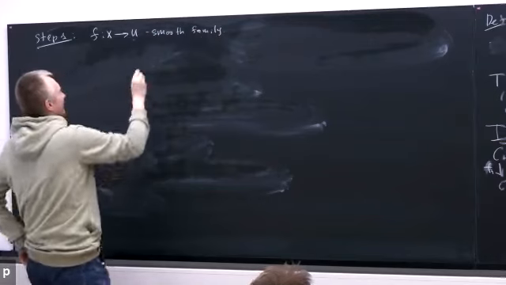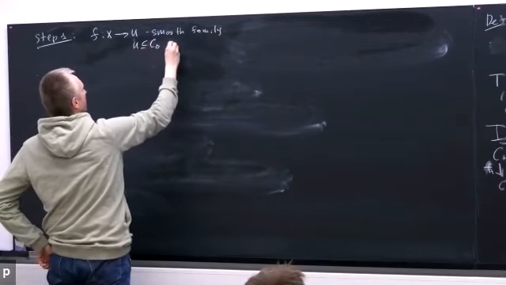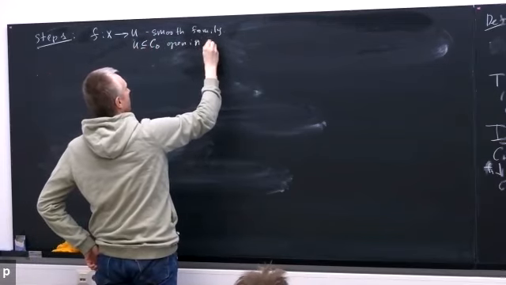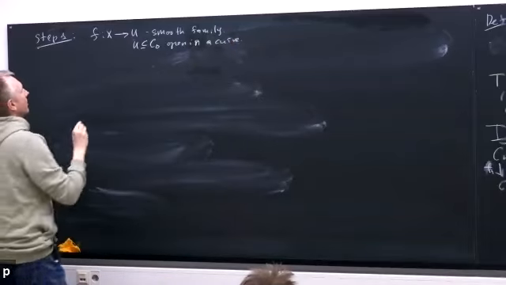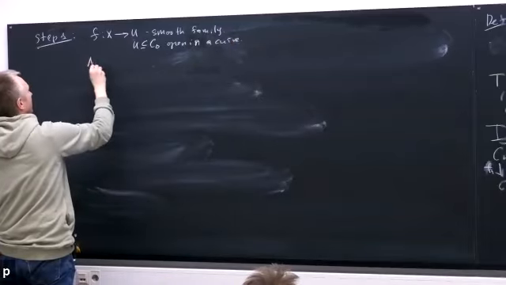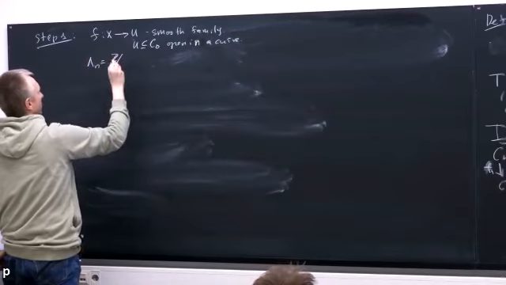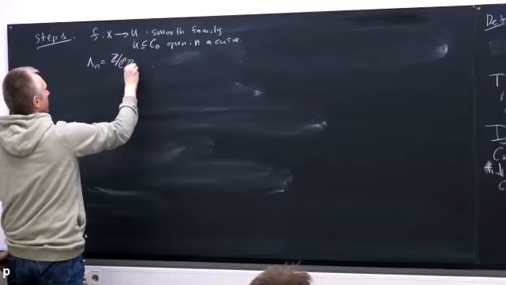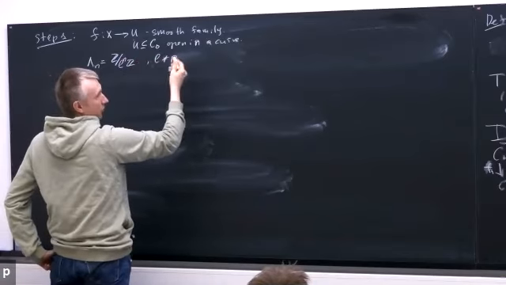But maybe let's fix that U is open in some curve. Let me define that Lambda n is the quotient Z/l^n Z, where l is some prime not equal to the characteristic.